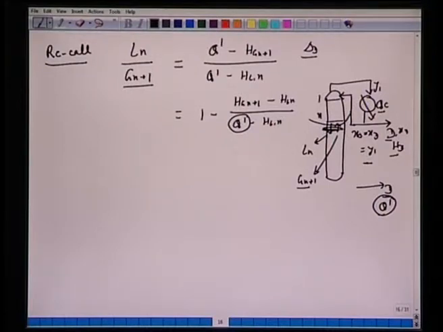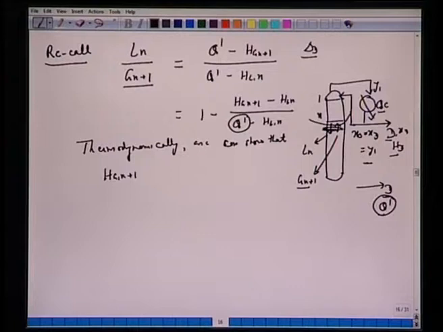Now what happens is that thermodynamically one can show that HGn plus 1, the enthalpy of the vapor arriving from plate number n plus 1. So this is what we have here, HGn plus 1. So the plate n and we have plate n plus 1.